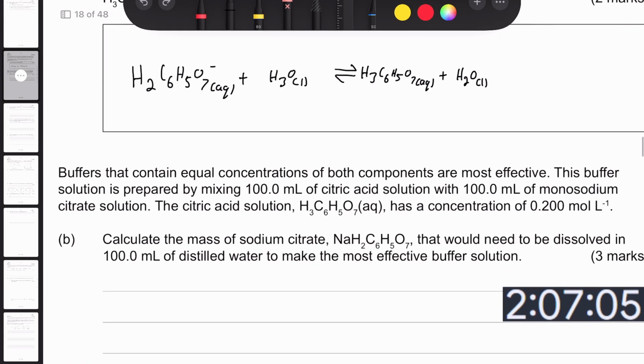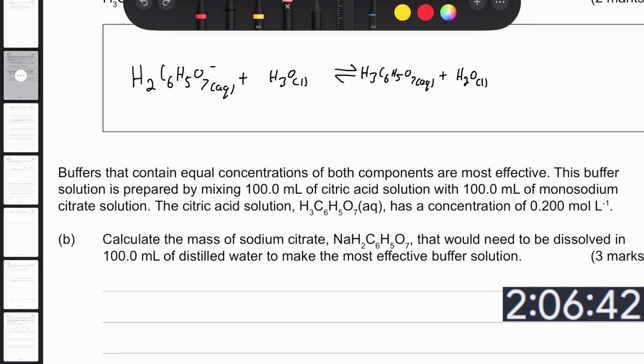Okay. Buffers that contain equal concentration of both components are most effective. This buffer solution, prepared by mixing 100 milliliters of citric acid with 100 milliliters of sodium citrate, has a concentration of 0.2 moles per liter. Calculate the mass of sodium citrate that will be needed to dissolve in 100 milliliters to make the most effective buffer solution.